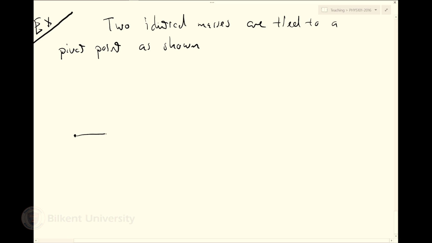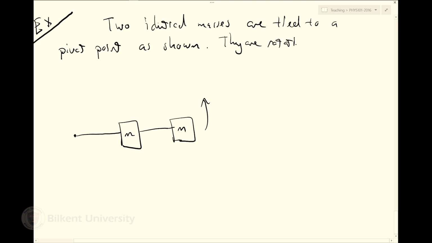So I have two masses, m and m. They are rotating with omega on a frictionless table.